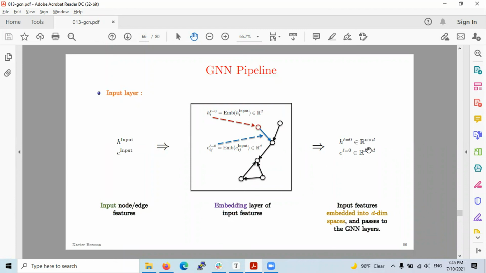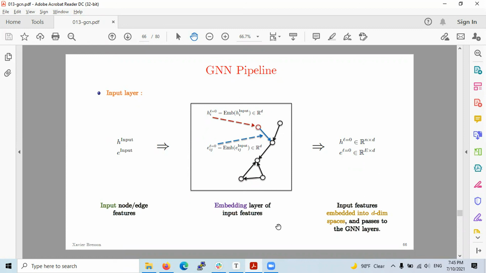If there are n nodes, each with a feature vector of size d, then after embedding the matrix would be n by d. If you have e edges, each with a feature vector of size d, that would be e by d.